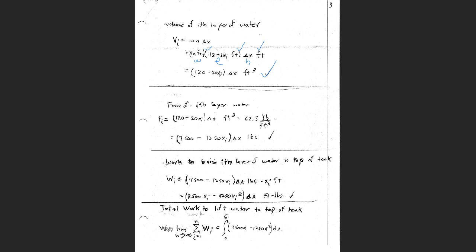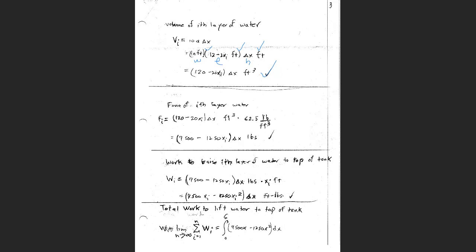Now what we need to do is find the force on the ith layer of water. Well, in this case, force is going to be in pounds. We're working in pounds. That's our unit for force.